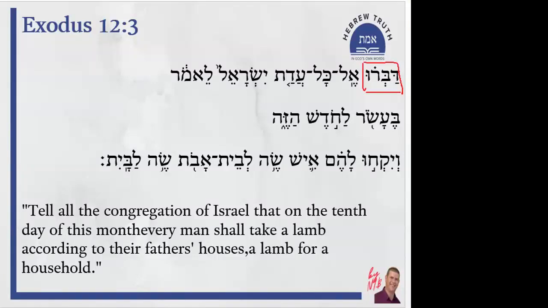So, for instance, in the case of the word daberu that is on screen, you can see there is a dagesh in the bet following a vowel. Let me highlight it. You can see there is a dagesh before that bet.